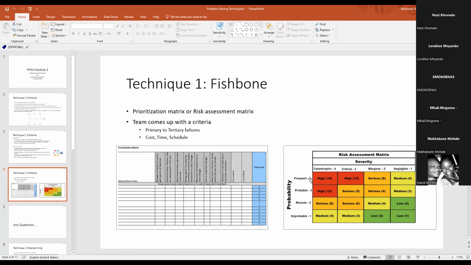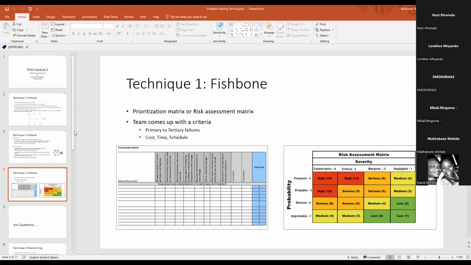That will give you a 4 and a 4, times 4, giving you a 16. So basically the team has to focus much on dealing with this one, because it's going to be very catastrophic to the likelihood of the failure occurring or of the problem occurring again later on.